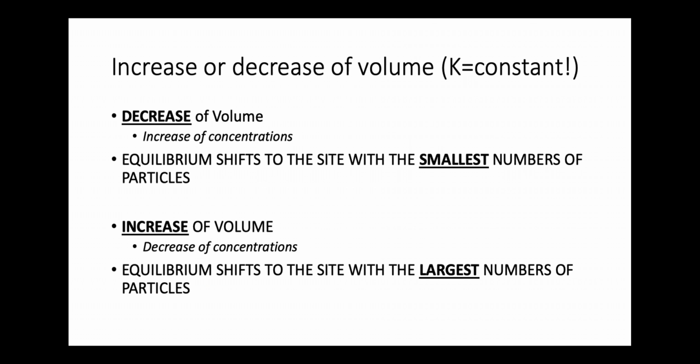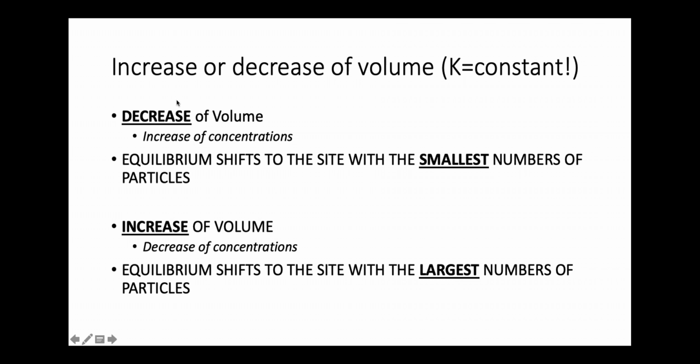So let's summarize it. A decrease of volume means an increase of concentration, and equilibrium goes to the side with the smallest number of particles. If I increase my volume, that means a decrease in concentration, and my equilibrium shifts to the side with the largest number of particles. So decrease volume, smallest number of particles. Increase volume, largest number of particles.